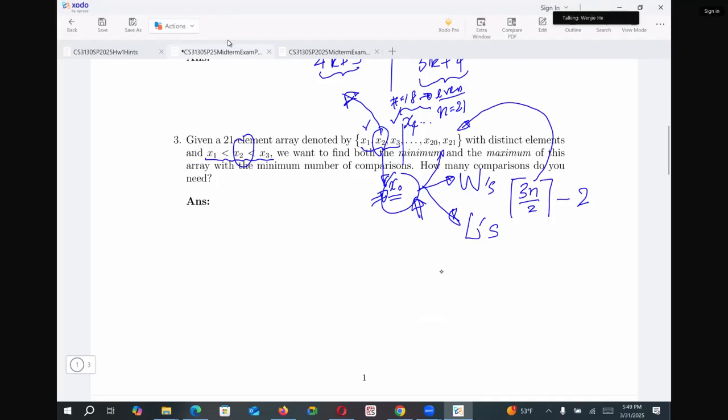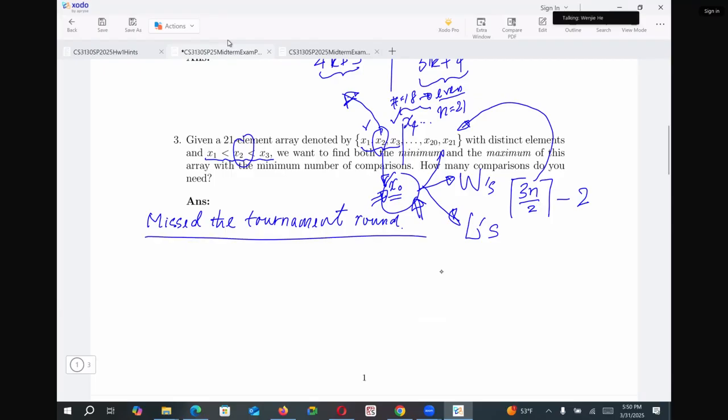So that's the biggest common problem, because we need to do the tournament round, right? That's the biggest common mistake.